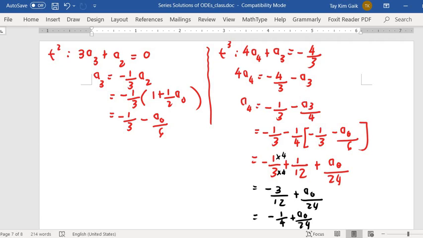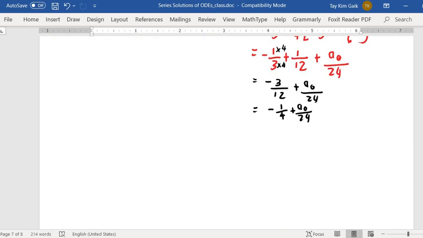Now we can plug in all the coefficients for A0 up to A4. Where the solution for your power series, you have y equal to A0 plus A1x plus A2x squared plus A3x cubed plus A4x power 4.